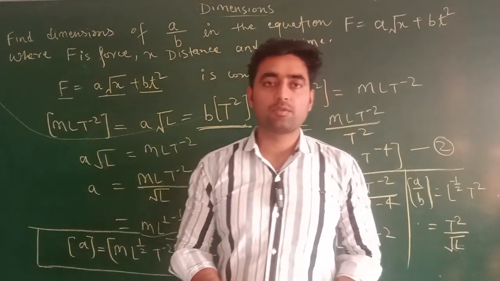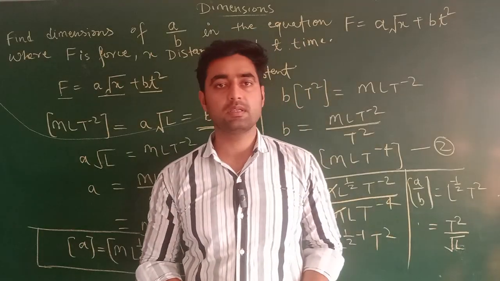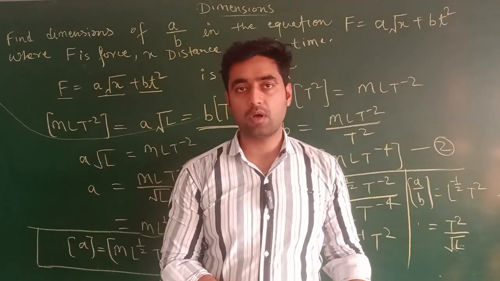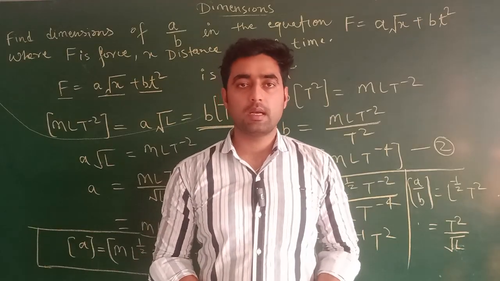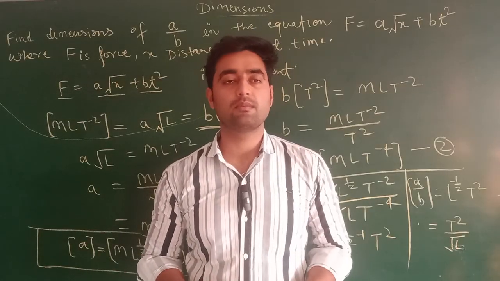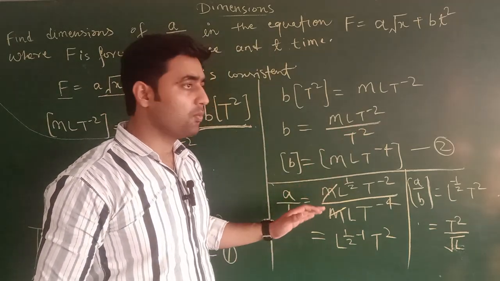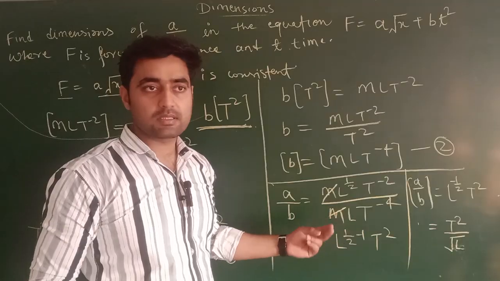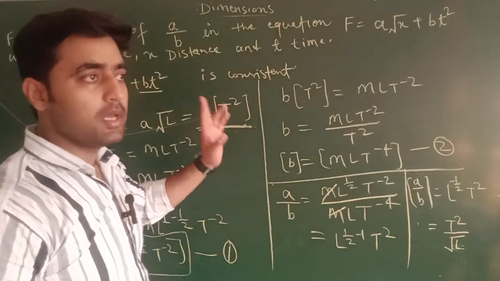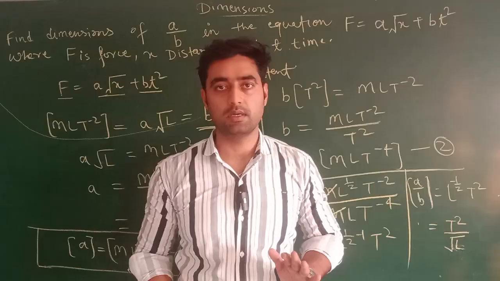I hope till now things are very much clear in your mind. First, we saw what the semi-fundamental physical quantities are and their dimensional expressions. Then we also saw the dimensional formula of different physical quantities. In the last part of the first video, we saw the application in the conversion of units. And in this particular video, today we are witnessing the second application of dimensional analysis in proving the given equation consistent. If all the terms have the same dimensional formula, then only the given equation will be consistent.